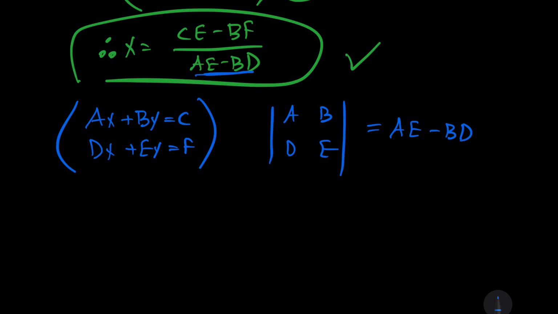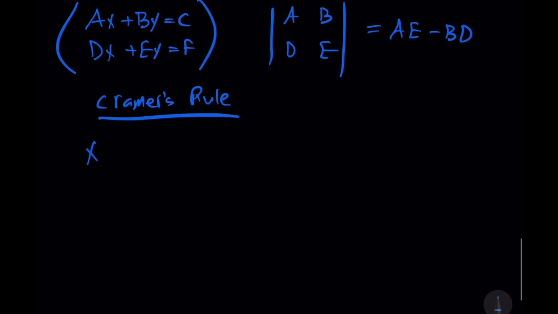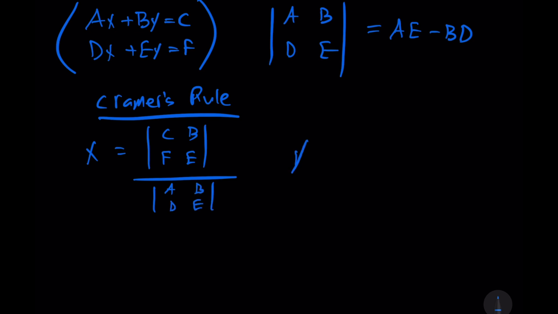But also we can compare this, for example, to Cramer's rule. That's one way we can solve a system of equations. So it would tell us that x is equal to the determinant of c, b, f, e over the determinant of a, b, d, e, and then y is equal to the determinant of a, c, d, f over the determinant of a, b, d, e.